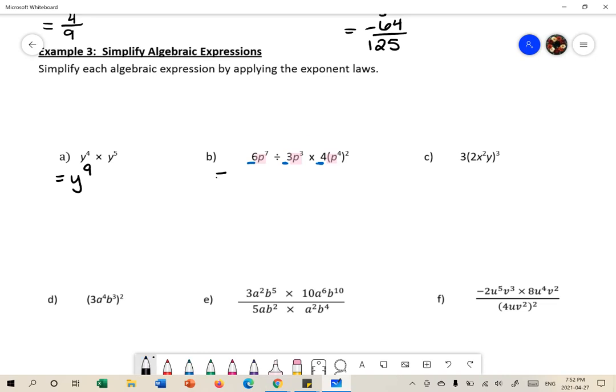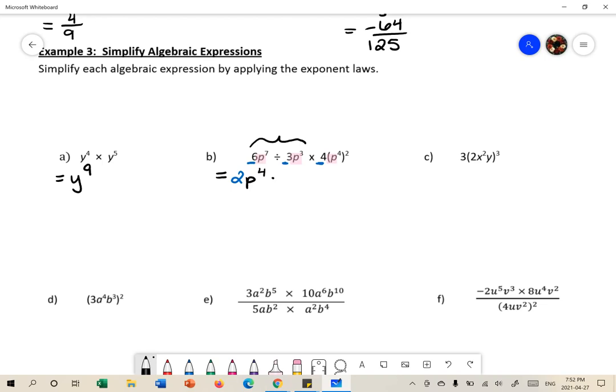My first line, I'm going to simplify these two terms, and it's division. So I'm going to divide my coefficients 6 and 3. 6 divided by 3 is 2. My base is the same, and I'm going to subtract my exponents.